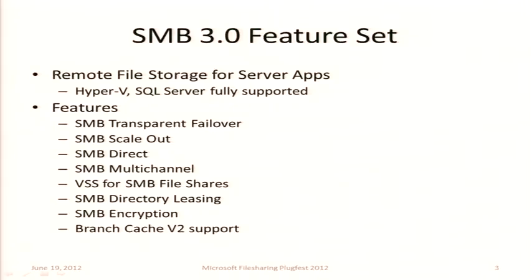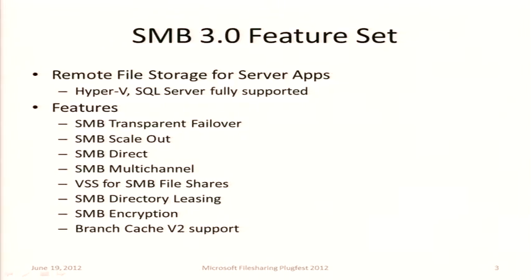So at a high level, this is the SMB3 feature set. Overall, we say remote file storage for server applications, right? It's about server apps. These are things that were never supported or which never chose to support SMB file service or storage. There were various reasons for that, but primary among them were the availability features that SMB did or did not provide, right?